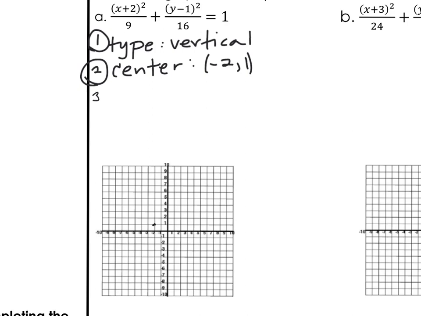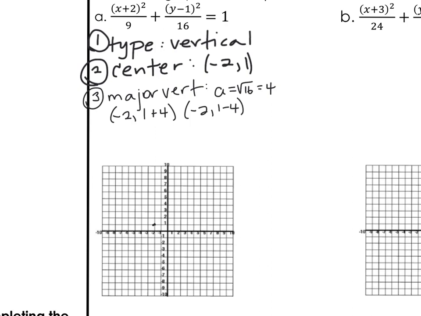So now to get those major vertices. If a squared equals 16, then a is going to be the square root of 16, which is 4. And we're going to add that and subtract that to the y-coordinate of the center. So we keep the -2 the same, and from 1, we'll add 4, and then we'll subtract 4.